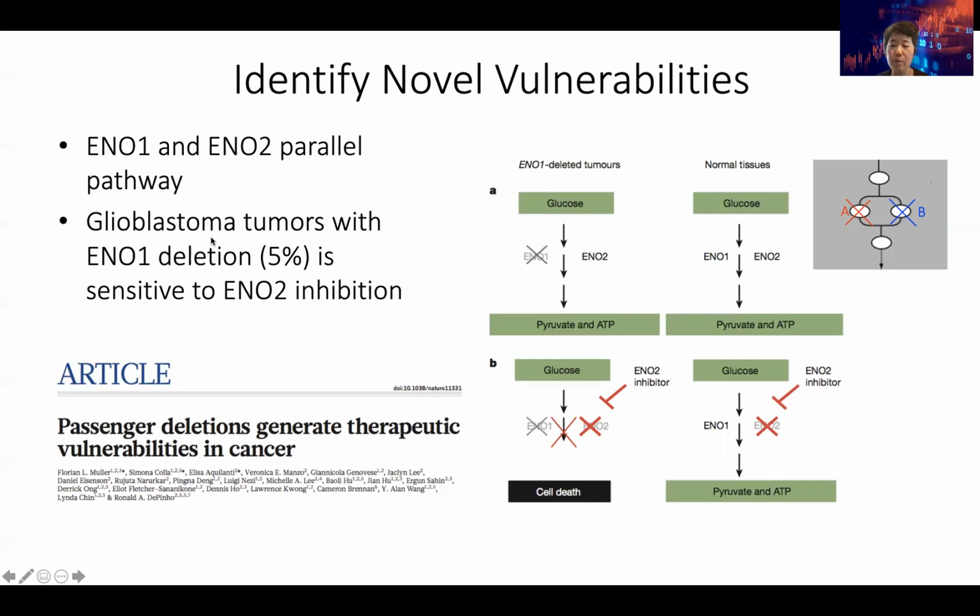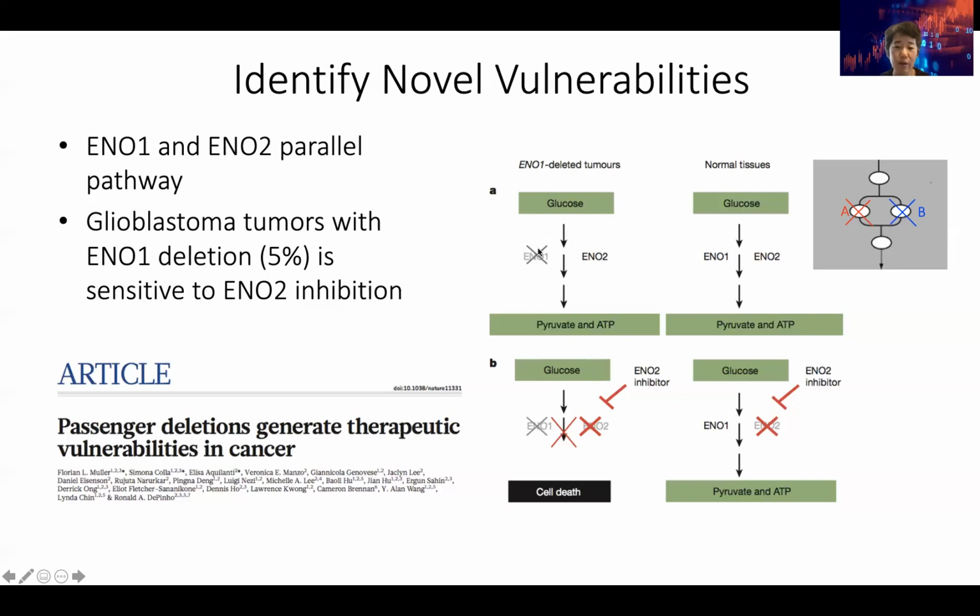Interestingly, in glioblastoma, a brain cancer with no cure, average patient survival from diagnosis is less than a year. It was discovered that 5% of those tumors contain an ENO1 deletion. It's not even a driver gene, it's a passenger gene. It's next to another tumor suppressor, which is recurrently deleted in about 5% of glioblastoma.